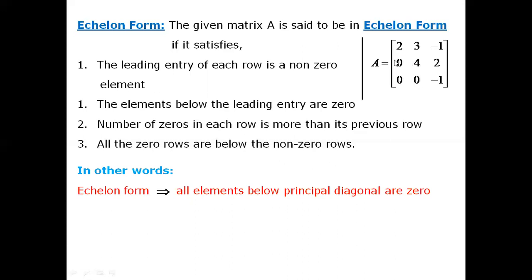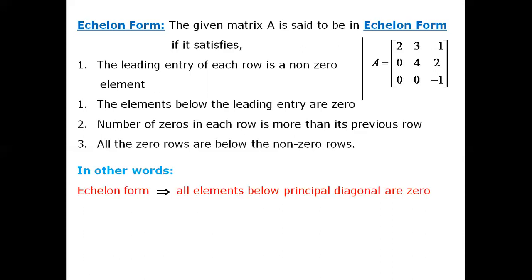So any matrix in which the elements below the principal diagonal are 0, we can call it an echelon form matrix. So this is how we can define our echelon form, right? This is the most important concept in finding the rank of a matrix.